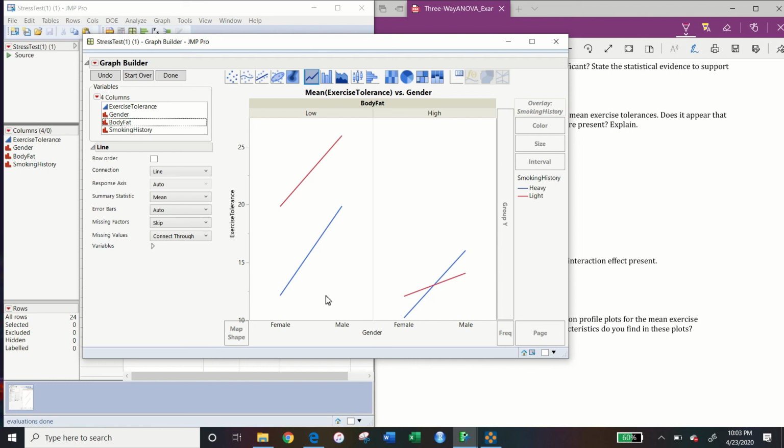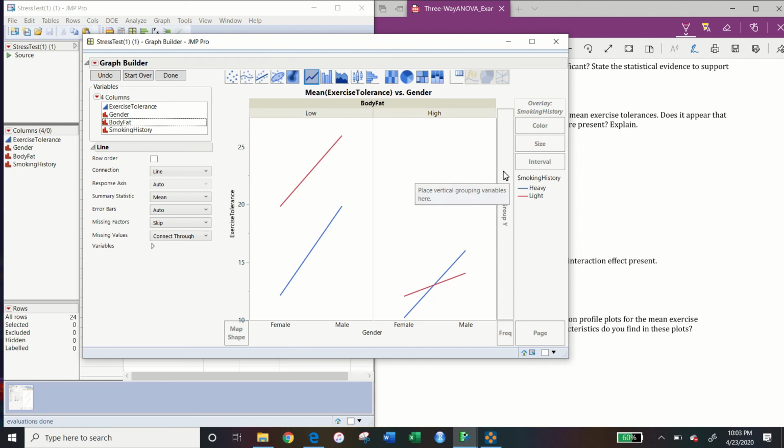We can clearly see that with body fat, when we had low body fat, those lines look pretty parallel, so there's not going to be an interaction effect. But when we are looking at a high body fat, we can clearly see an interaction effect present.